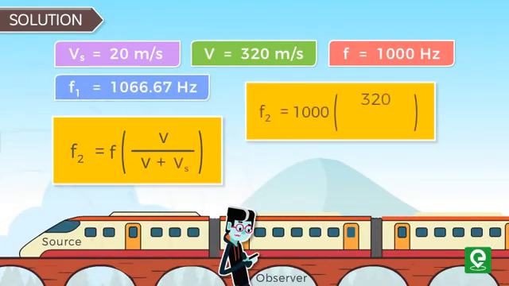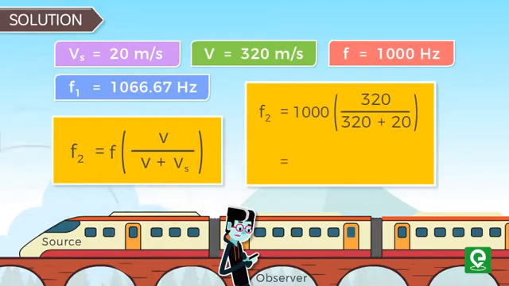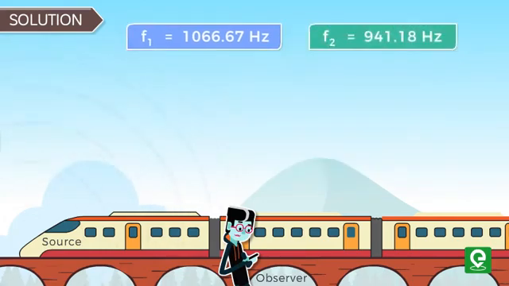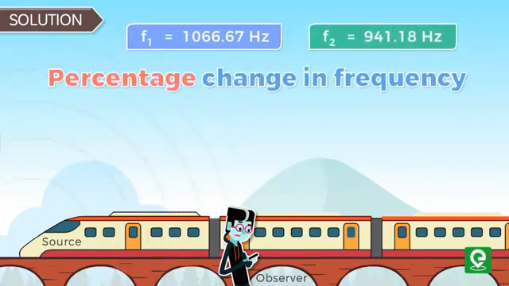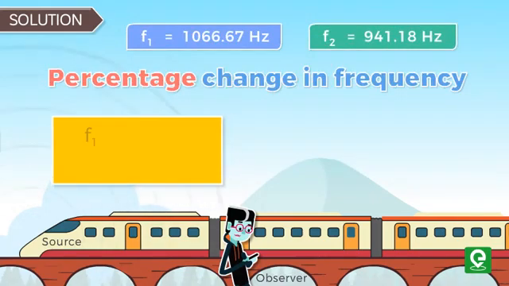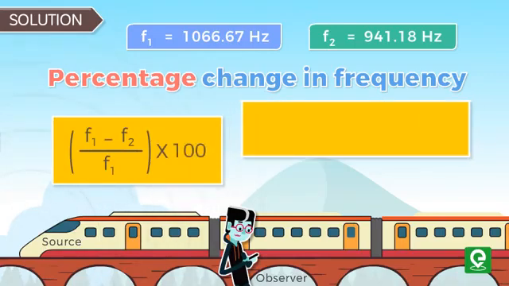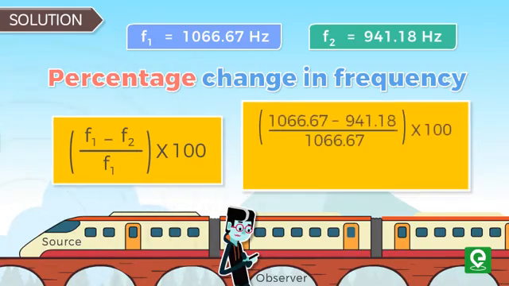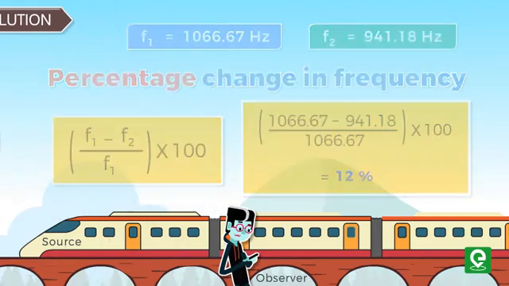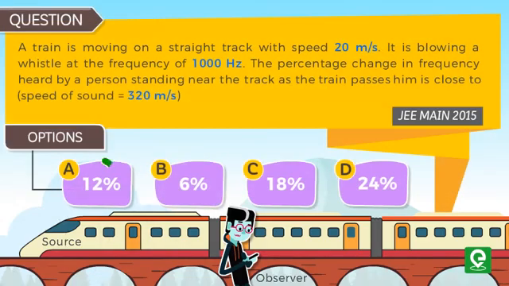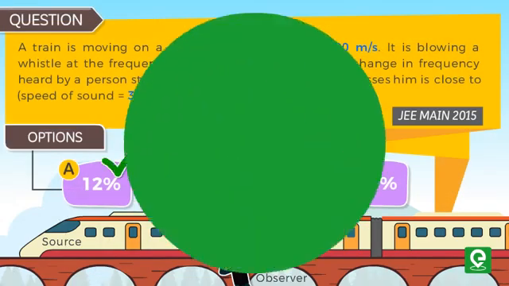That is 1000 into 320 divided by (320 plus 20), which is equal to 941.18 Hz. Now the percentage change in frequency is equal to modulus of (f1 minus f2) whole divided by f1 multiplied by 100, which comes out to be approximately 12%. Hence the correct answer is option A.